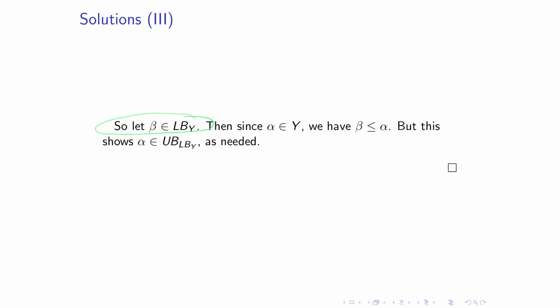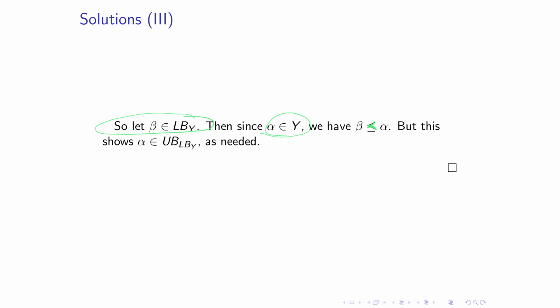So that's what I've written here. Let beta be an element of the set of lower bounds of y. Again, we're trying to show that beta precedes alpha. But anyway, we know that alpha is an element of y. How do we know that? Because it's a minimum. Part of what it means to be a minimum is to be an element of the set.